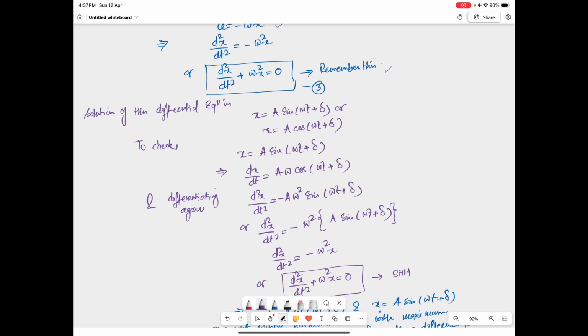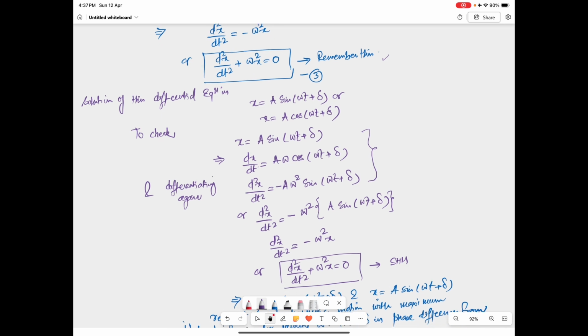If I differentiate again, which is all part of differentiation and mathematics, you will understand this if you have the knowledge of differentiation and integration, d2x by dt square is minus a omega square sine omega t plus delta. So d2x by dt square is minus omega square a sine omega t plus delta.